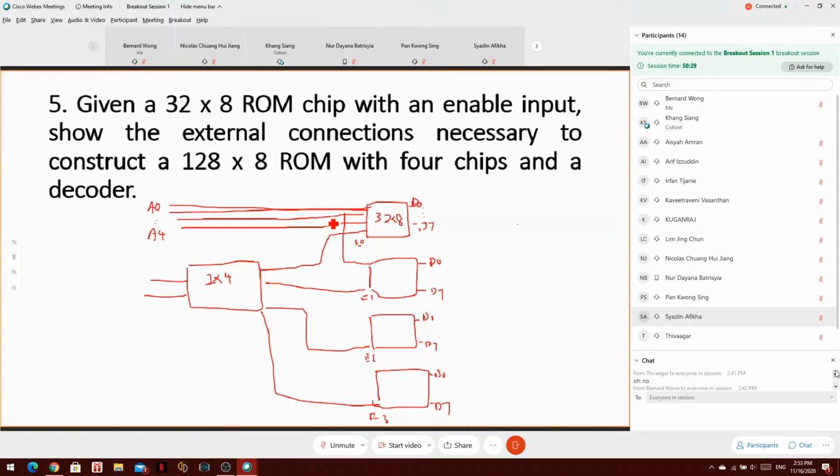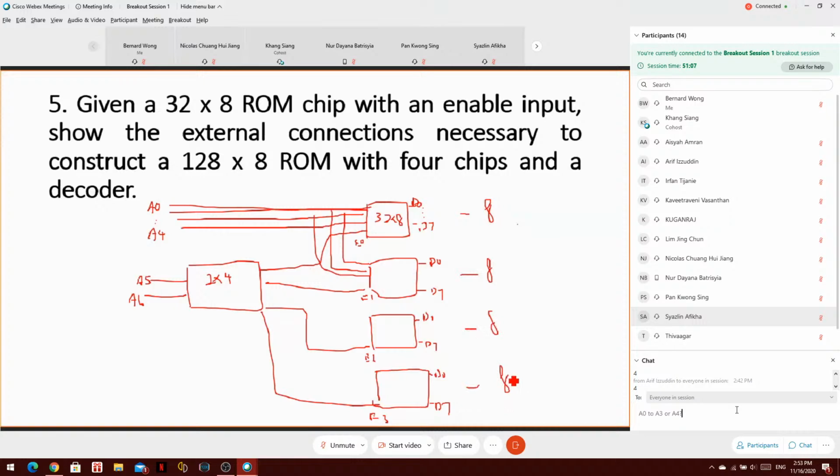Each of them also has, I mean, you just draw all of them. So totally you have A5, A6. Eventually, when you see each of them, it will have 8, 8, 8.